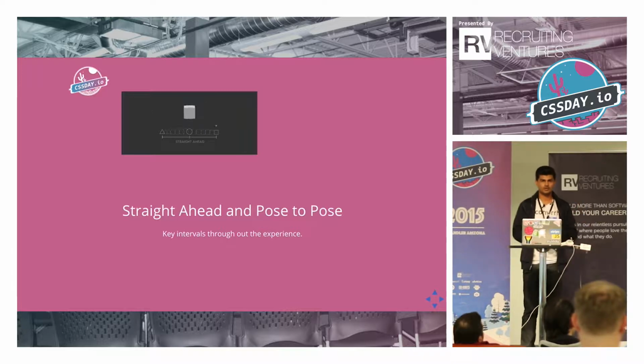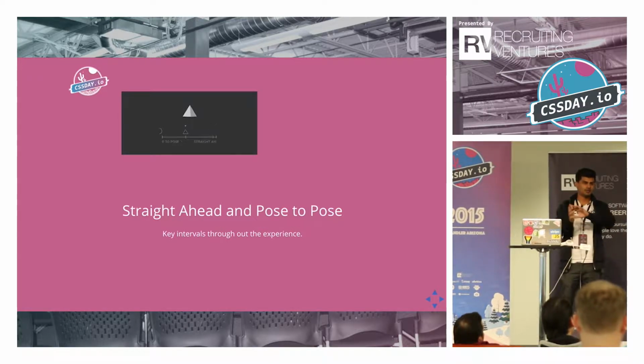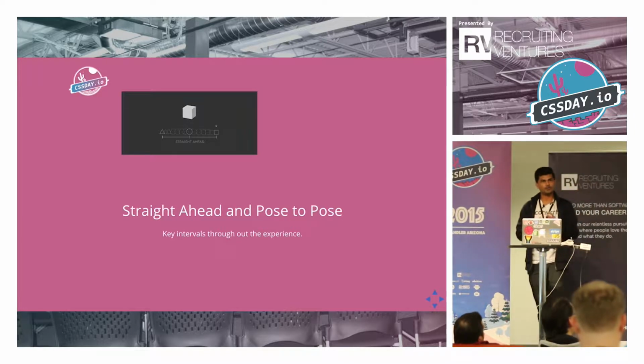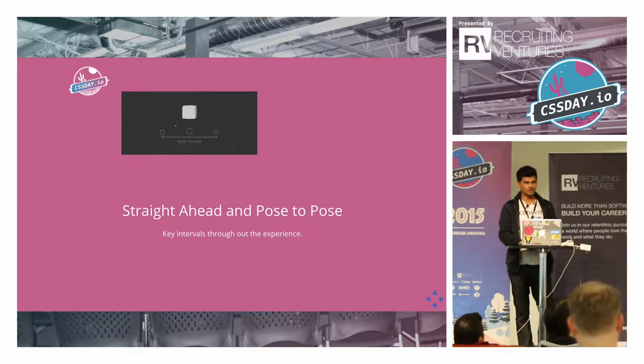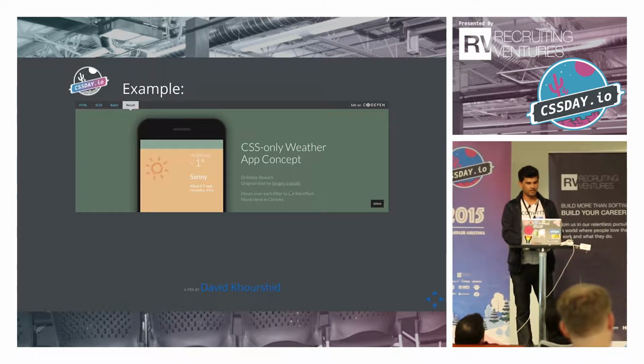Pose to pose in general is pretty much changing of a shape. If something is a square and over time it changes into a circle, that's more of a pose to pose animation, and you can use these kinds of transitions in something like this, where the whole thing is done purely in CSS.